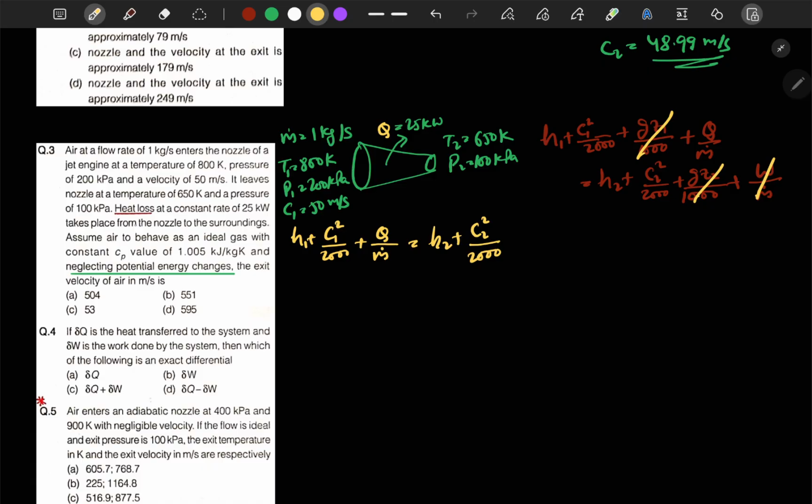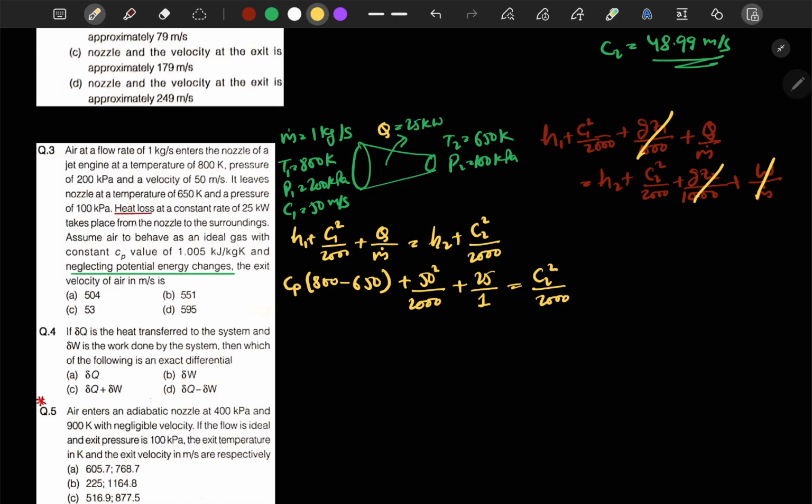Now we will substitute all the values here. Since we have been provided with temperatures, for H we will do Cp into T1 minus T2. So Cp into T1 minus T2 is 800 minus 650, plus C1 square, 50 square by 2000, plus Q by m dot, 25 by 1, is equal to C2 square by 2000.